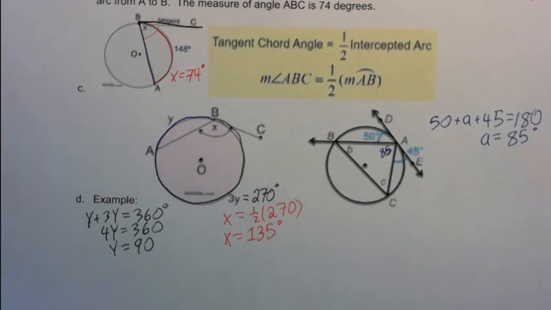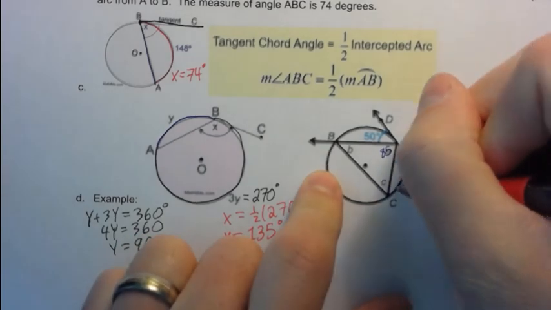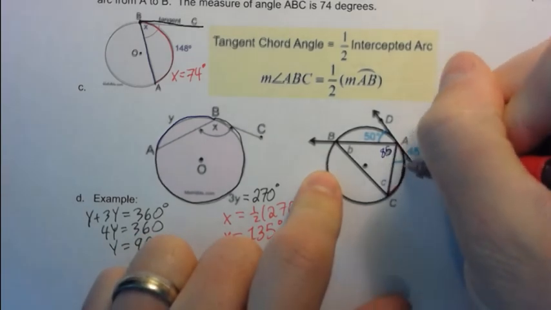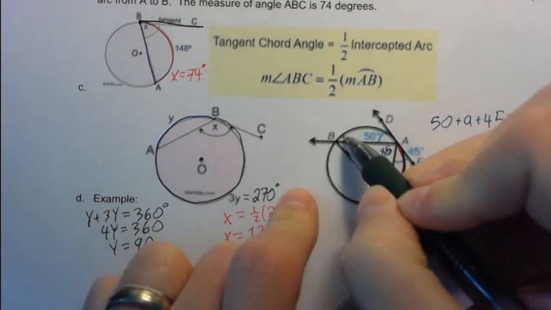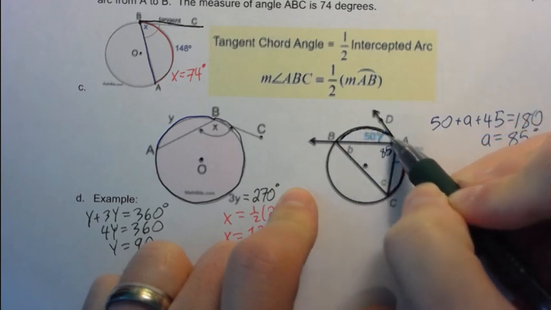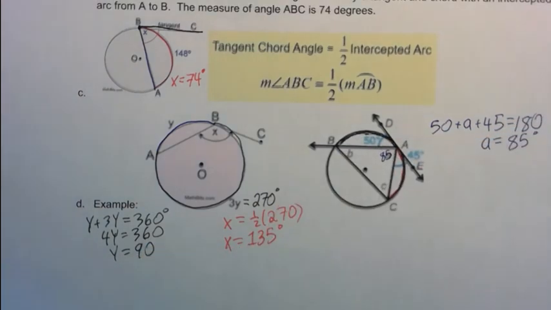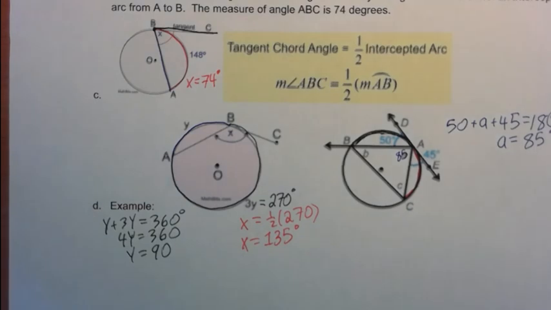Now we need to find some of our arcs, because you can see how B hits this red arc right there, and then C hits our green arc right here. And we can see that those two tangent angles both hit those arcs.